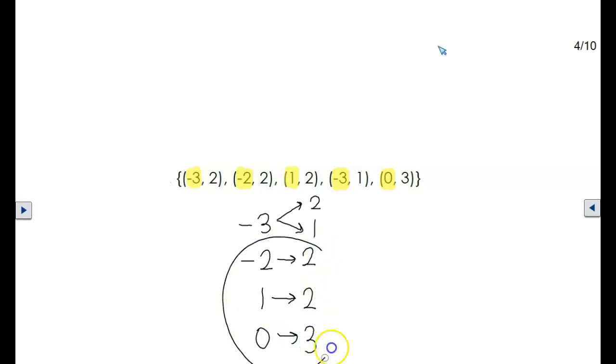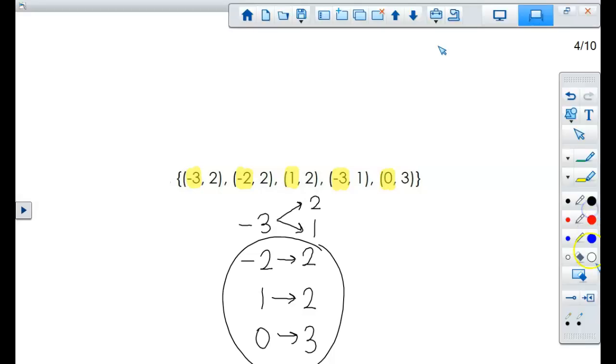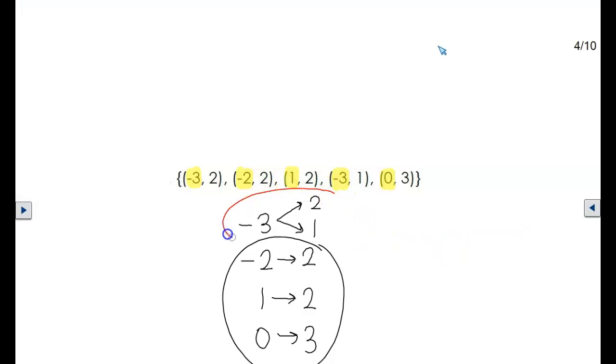So these three x values are behaving the way they should. Each of those particular x values is only connecting with one and exactly one y value. But this negative 3 up here is causing us an issue because it is making one of those one-to-many connections. One x connecting with many y's.